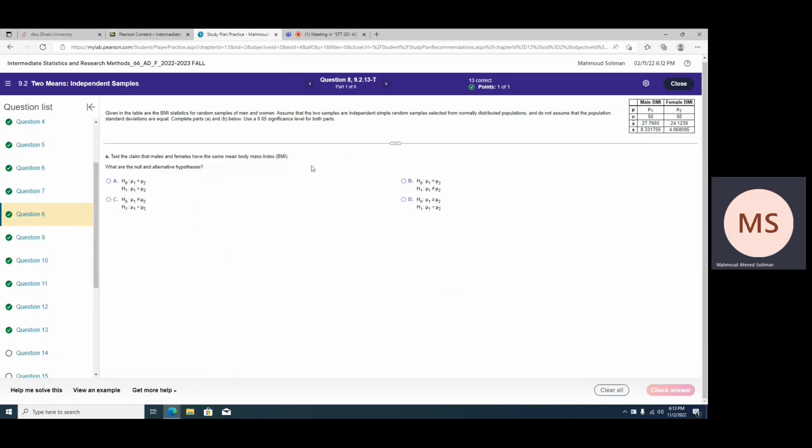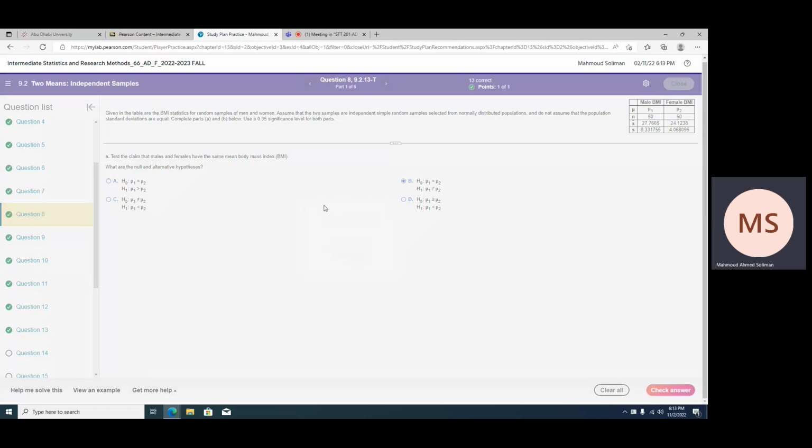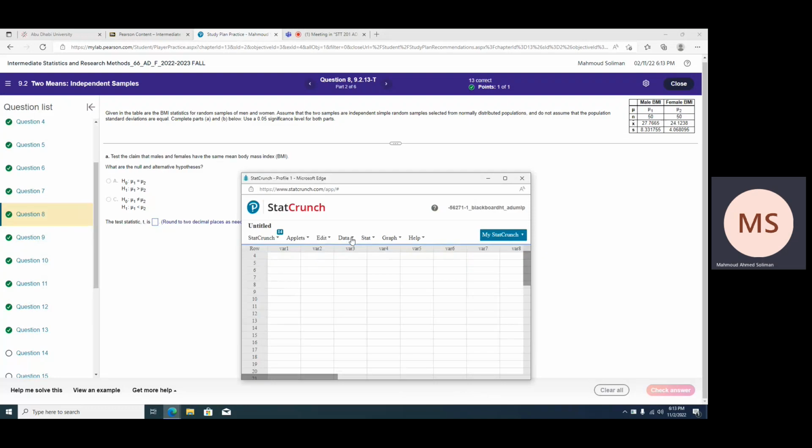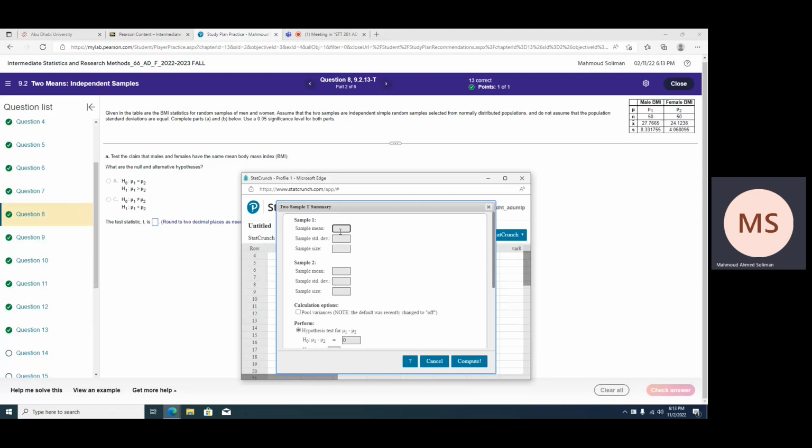So let's do the claim first. We have mu1, mu2, male and female, and it says that they have the same BMI. So equal, not equal. Because they said the same, H1 is not equal. So here goes Stat, T stat, 2 samples, summary. We put mean 27.6765, standard deviation 8.33175, 50.